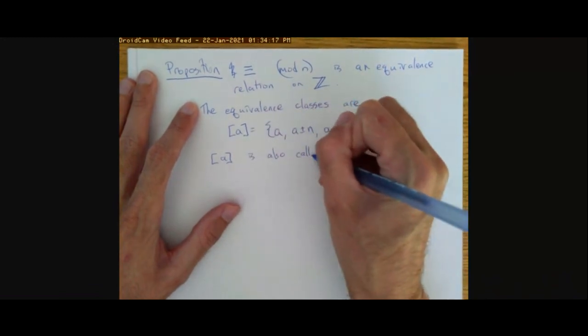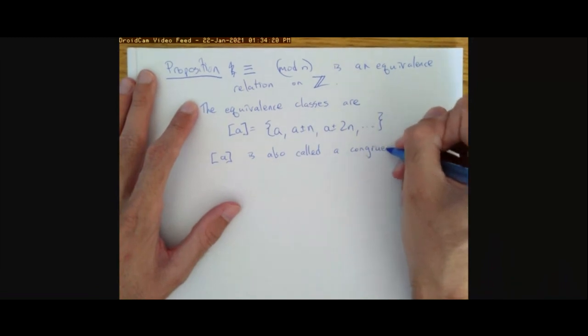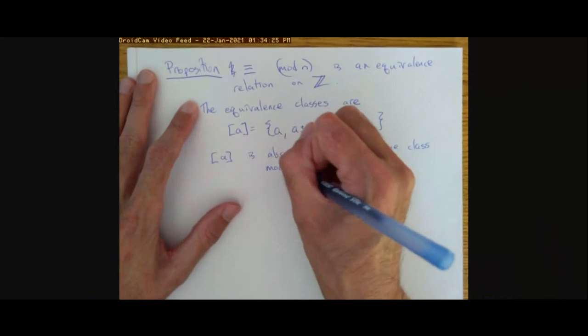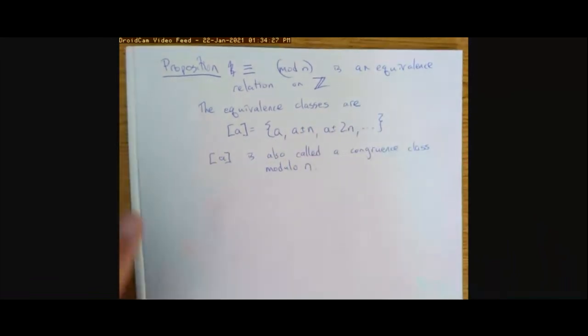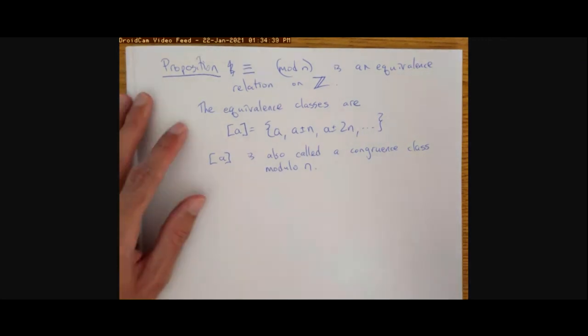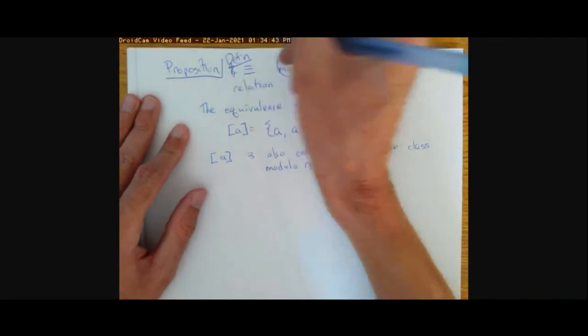This is also called a congruence class modulo n. It gets a special name because this is a special equivalence relation. This is really like part proposition, part definition.